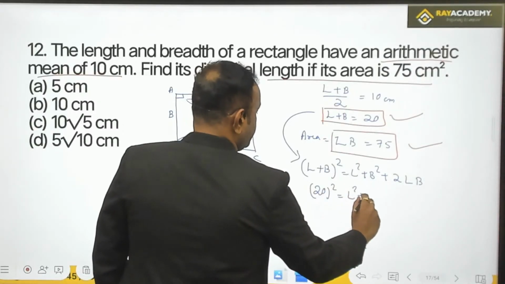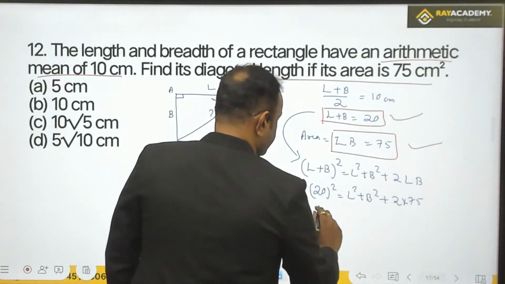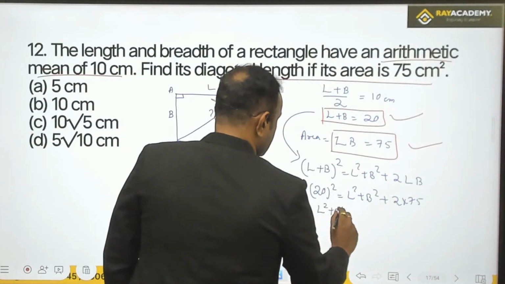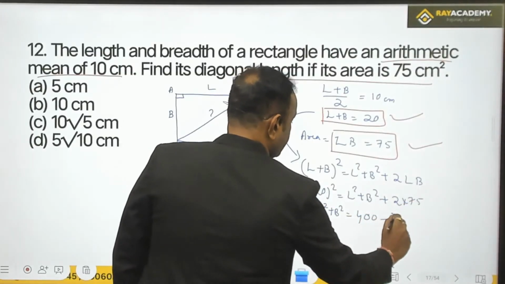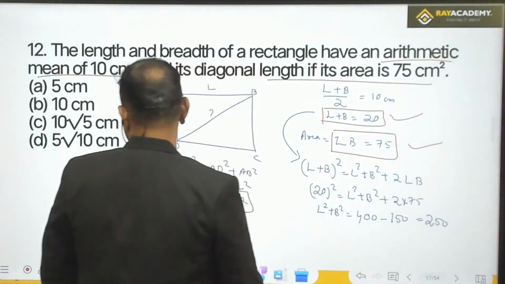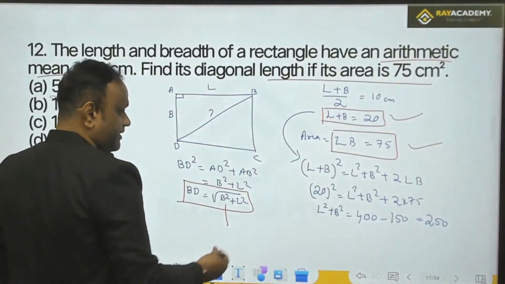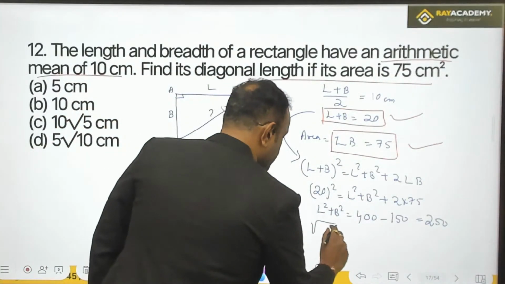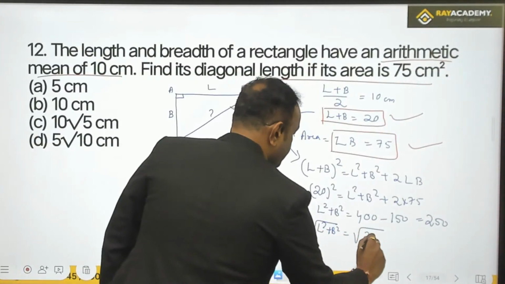So L square plus B square plus 2 into 75. L square plus B square is 400 minus 150, so you get 250. But what we need is the root over L square plus B square, so the square root of 250.